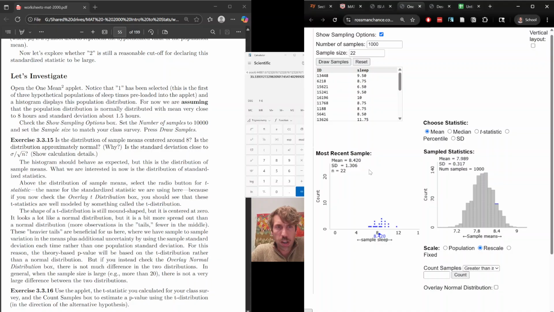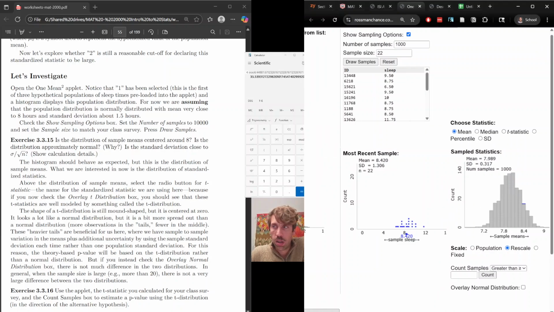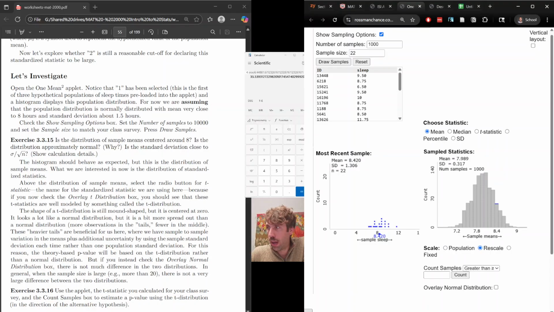So, in number 15, is the distribution of sample means centered around 8? Is the distribution approximately normal? Is the standard deviation close to sigma over square root of n? Show your calculations. So, in my case, it's 7.989, practically 8. The standard deviation is 0.317.